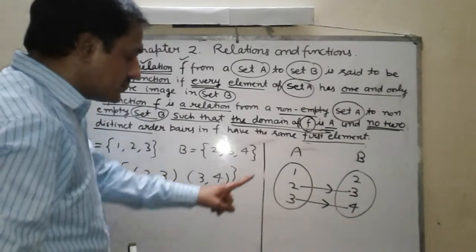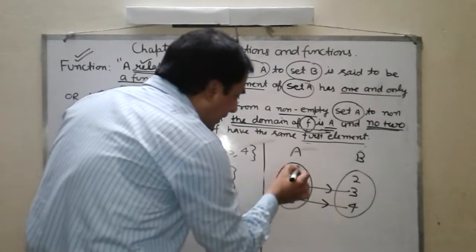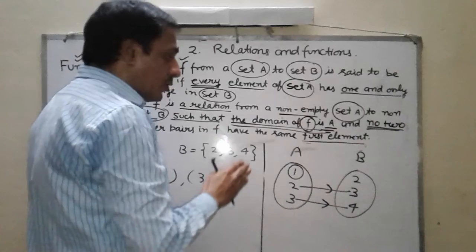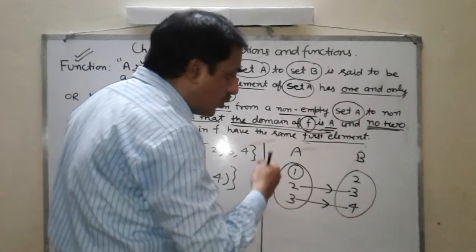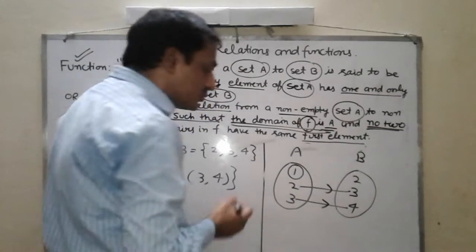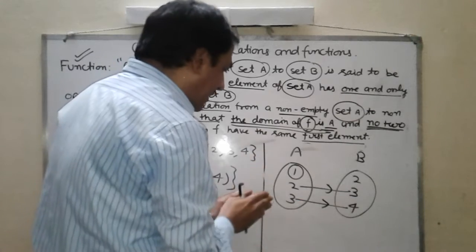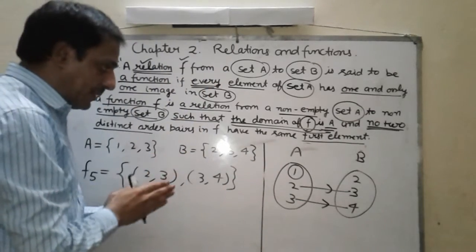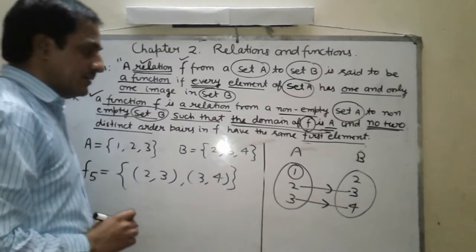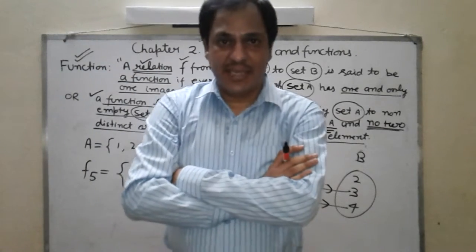Here 1 belongs to A, but 1 has no image in set B. So this is not an example of a function. Thank you, children.